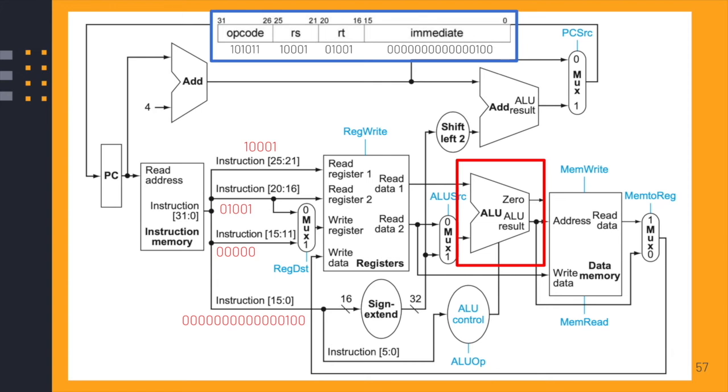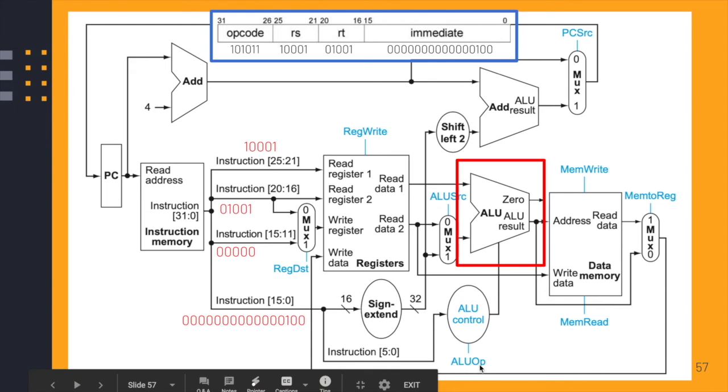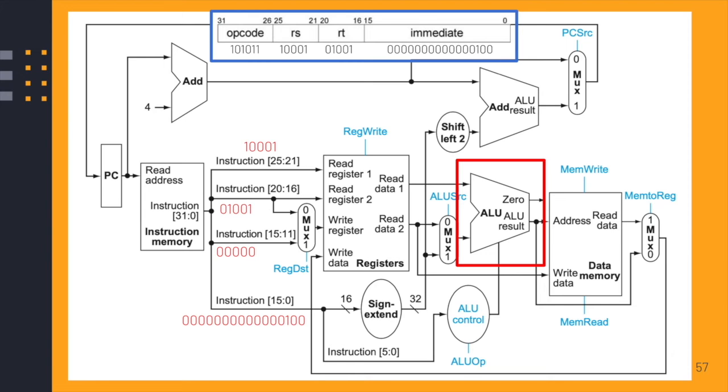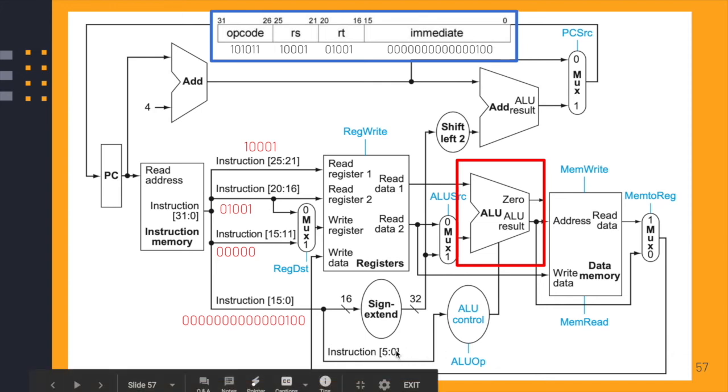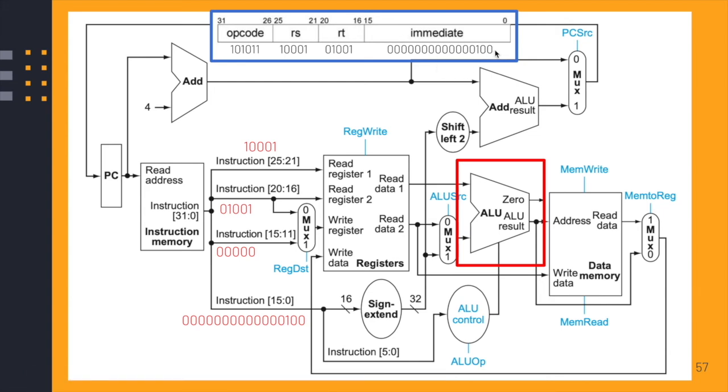A store word has a unique opcode since it's an I-type format, so the ALU operation control signal is enough to inform the ALU control that the ALU needs to perform an addition of the base address plus offset. I do not need bits 0 to 5 because they are useless in case of an I-type instruction. I mean, bits 0 to 5 are part of the immediate, which are useless. It's not an R-type, it's an I-type.